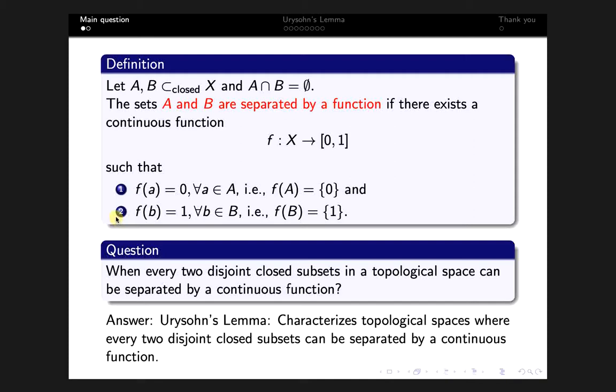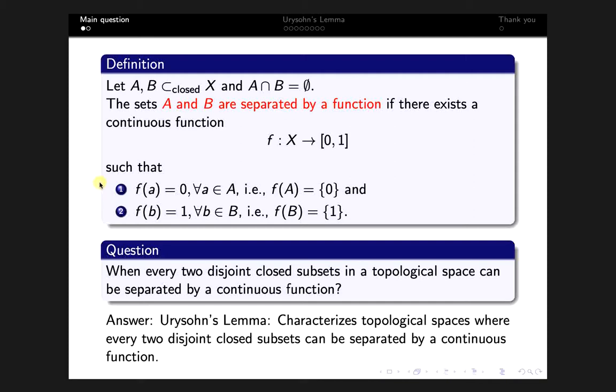Recall that we have already seen separation of a pair of points, that is the notion of Hausdorff spaces. We also know the notion of separation of a point and a closed set that does not contain the point.